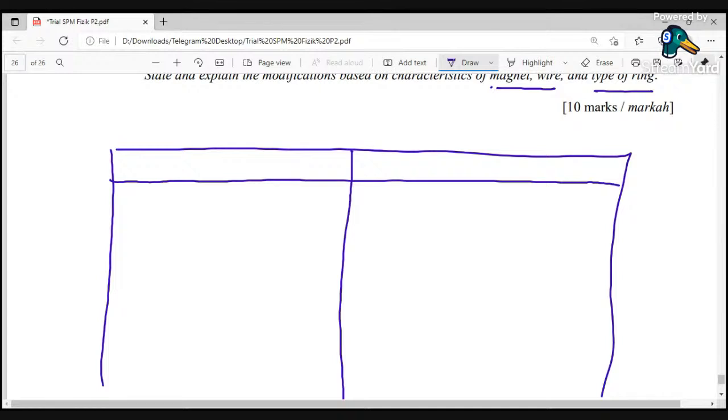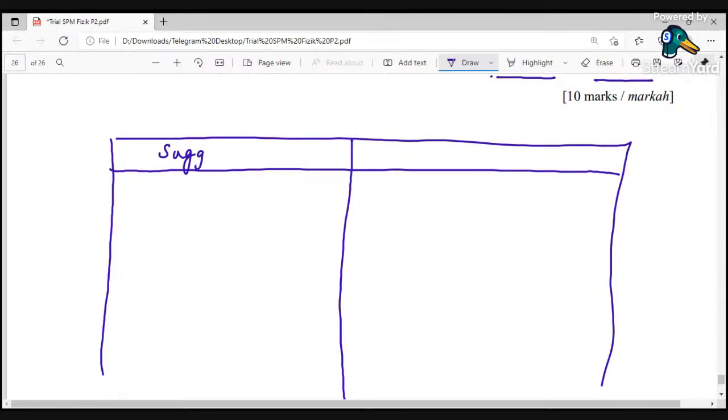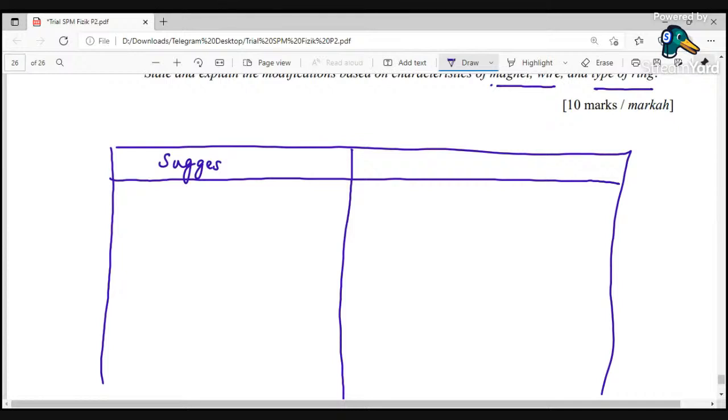What is your suggestion for the modification? You write something like this, or sometimes just writing the aspect also can. This column is the explanation of why you suggest that modification. If we don't want to write the numbering, also can. I want to write because I can see how many points are already written here.